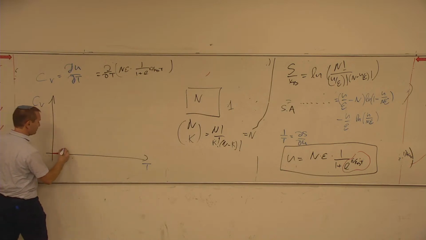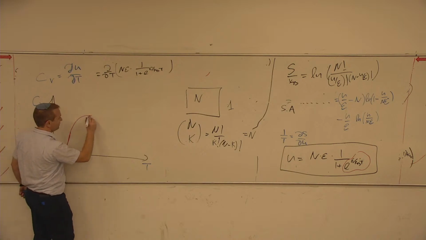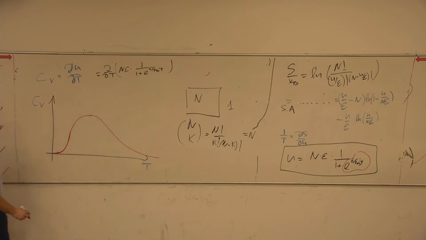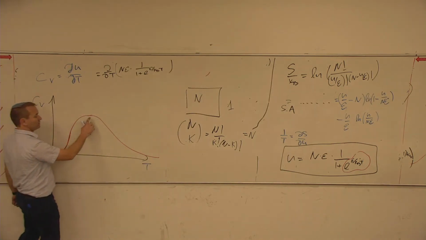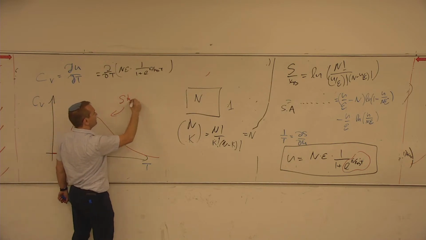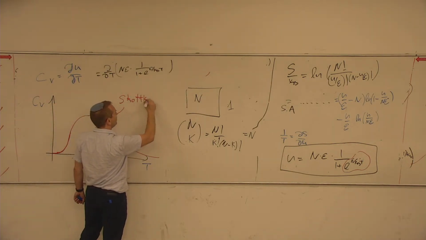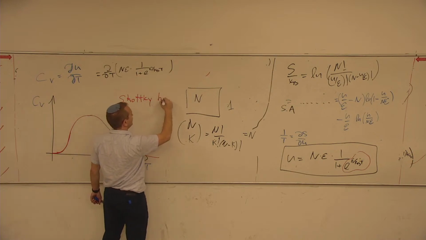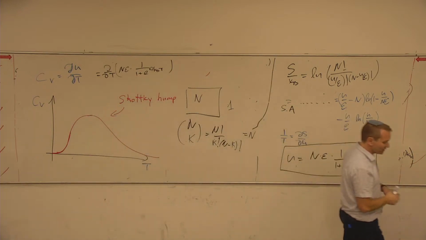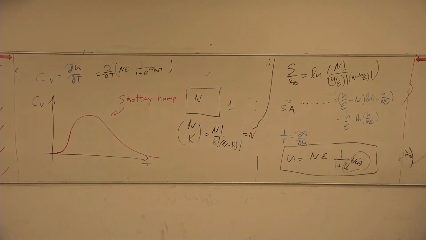It starts from 0, it's rising up, it has a maximum, and then it's decaying to 0. Right? So this peak over here has a specific name. It's a Schottky hump. Otto Schottky, yes. The engineers probably have heard about Schottky.